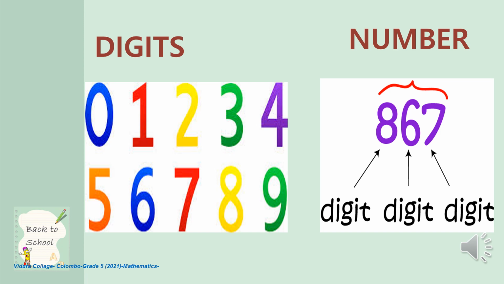We use these 10 basic digits to form numbers. When you keep 2 or 3 digits together, we can make a number. Here digits 8, 6 and 7 got together and make a 3-digit number, 867. So a digit is a kind of building block which you use to make different numbers.